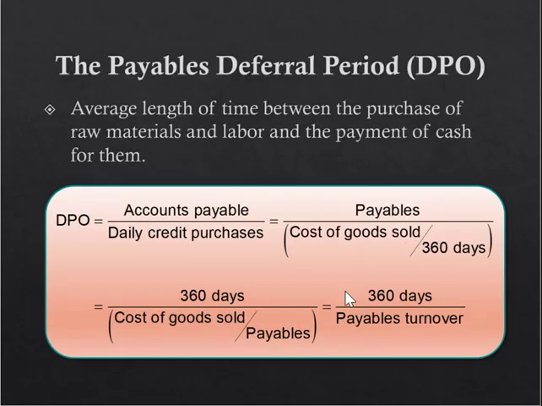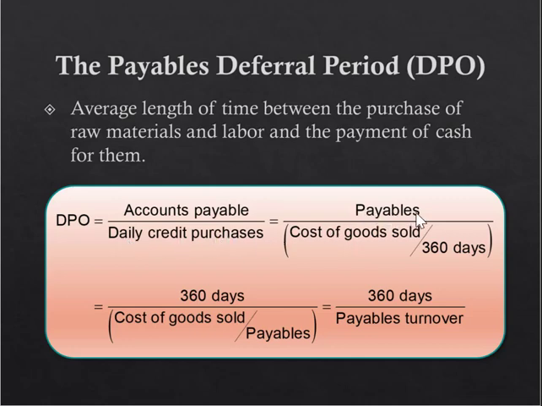The payables deferral period, or deferred payables obligation, is the length of time between the purchase of raw materials and labor and the payment of cash. So that's going to be your accounts payable, which is also going to include any of your salaries payable and other elements related to manufacture, divided by daily credit purchases.